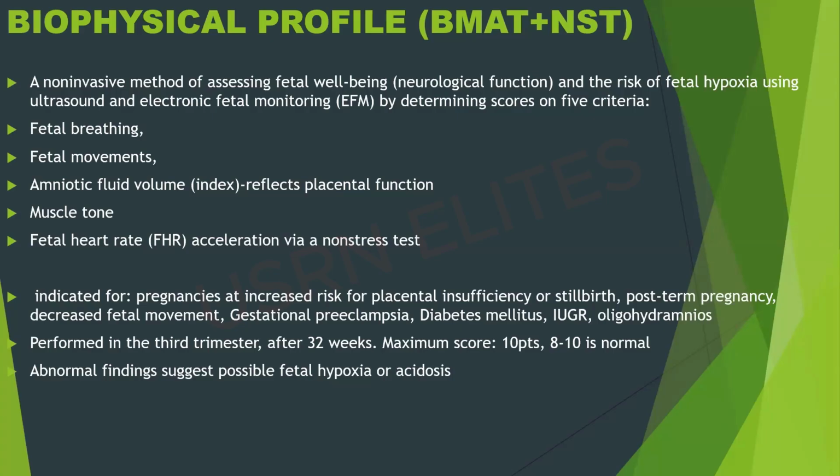If it's not getting enough oxygen, it's going to affect the fetus. So whenever you have an abnormal finding below 6, from 6 downwards, it tells you that the fetus is developing hypoxia or acidosis.